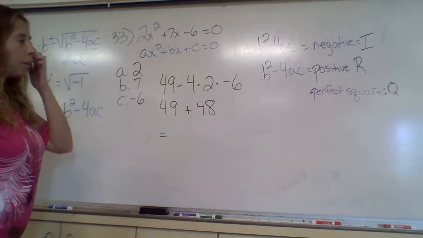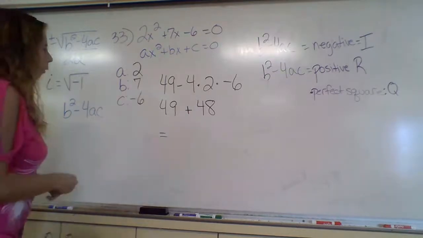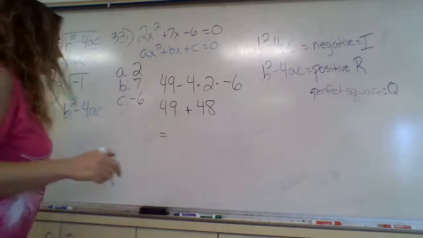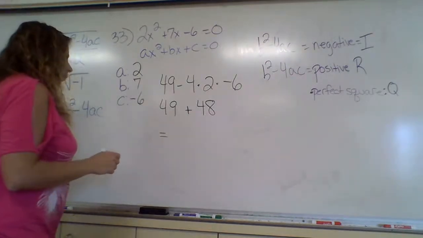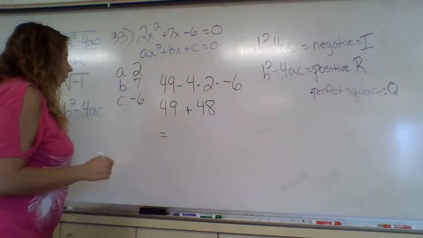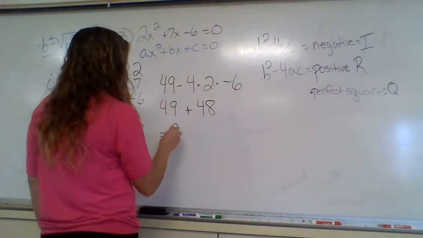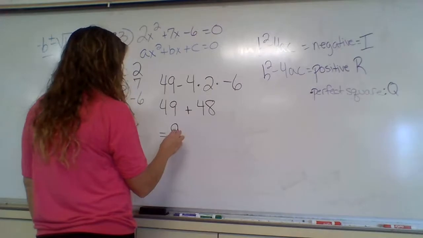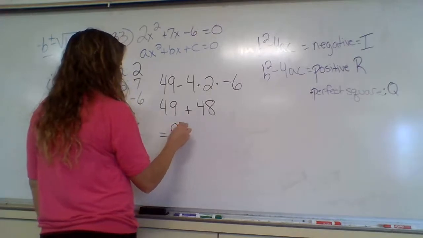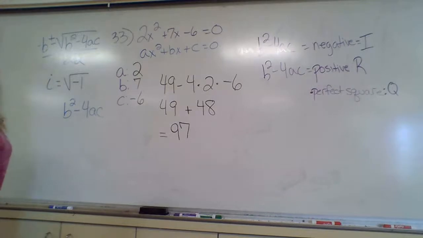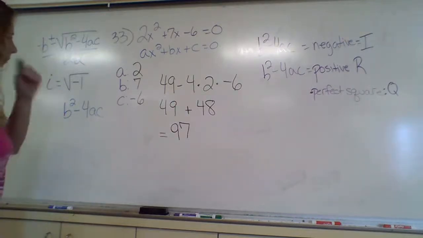But now you have to figure out if they're going to be irrational or rational. So 49 plus 48 equals 97.